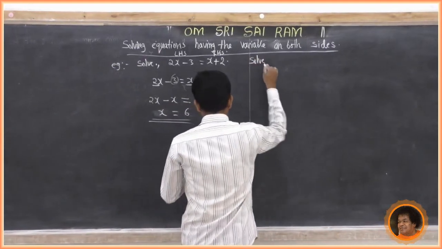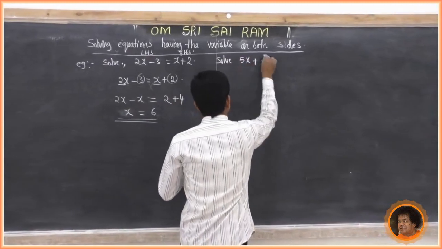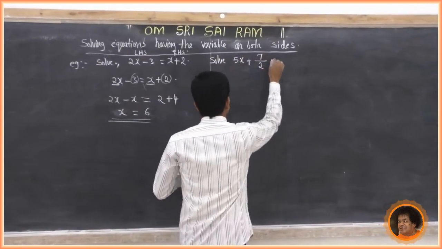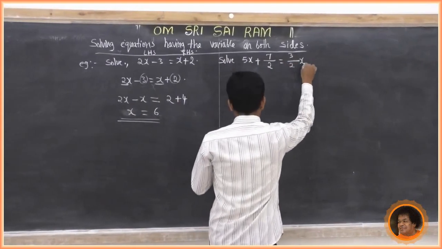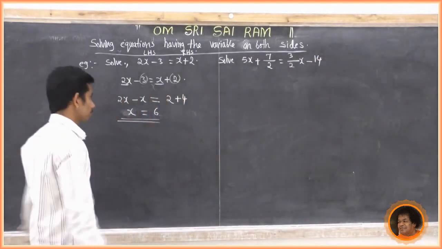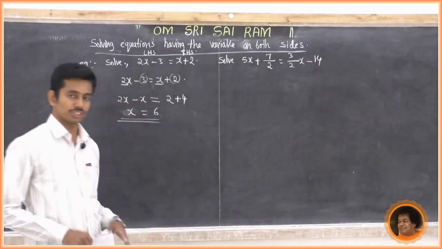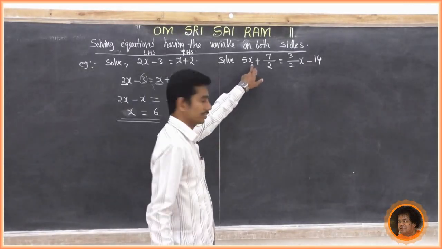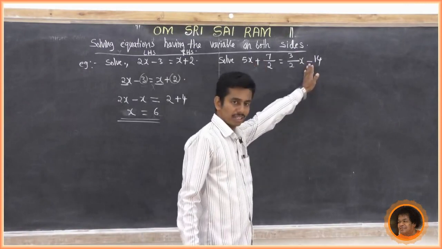Solve 5x plus 7 by 2 equal to 3 by 2 x minus 14. How to solve this? It is also an equation having the variable on both sides. Here x is a variable in the left hand side, and x is a variable in the right hand side.